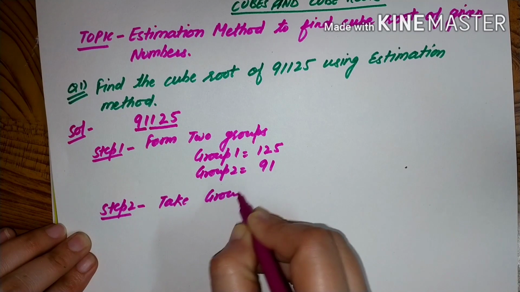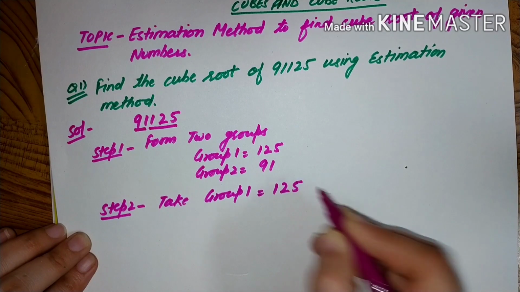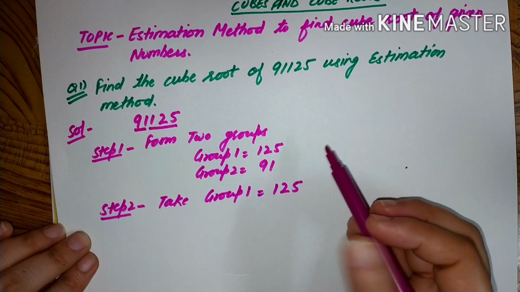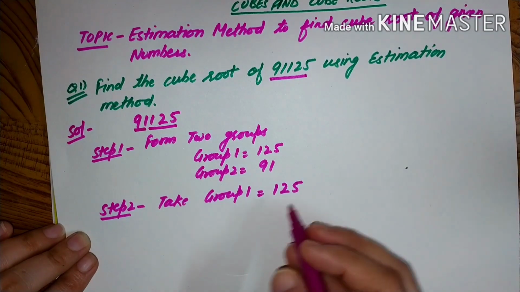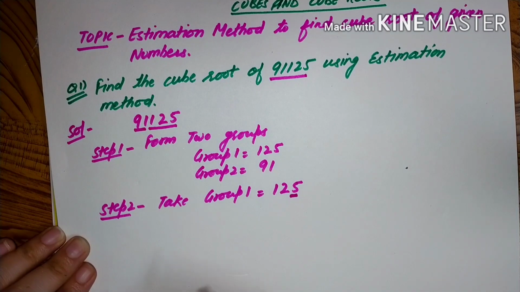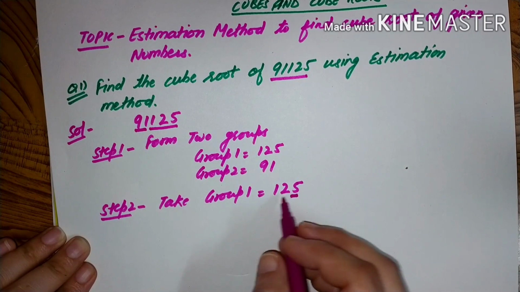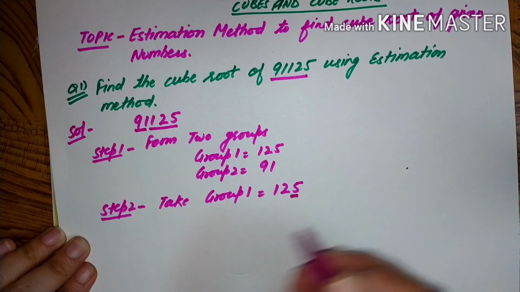group 1. Now what will happen is that group 1's unit place digit will give us the unit place digit of the required cube root. So we will underline the unit place digit of this group 1 number, that is 125, and the unit place of 125 is 5.